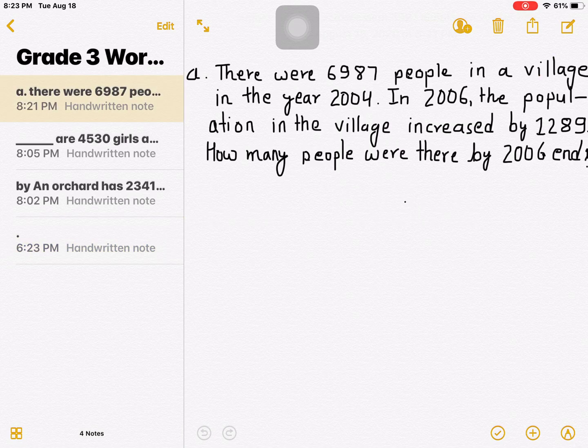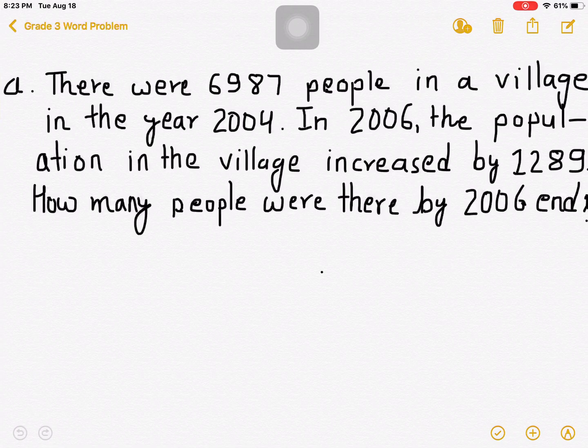Now let me show you question number A. Before we solve word problems, we have to identify the statement, the given. What is given in the question?